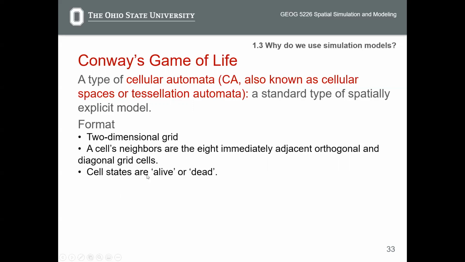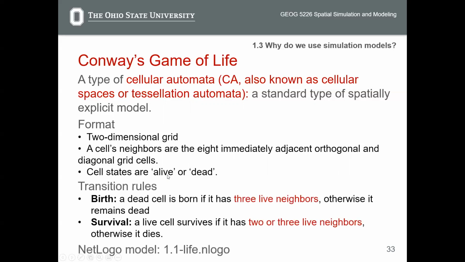Here, we can smell something about life because we use words such as alive or dead to describe the states of each cell. Alive or dead may not be easy to implement on your PC, but let's just say this: if a cell is alive, it is black. Okay, it is painted black.